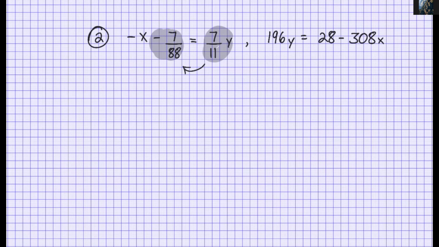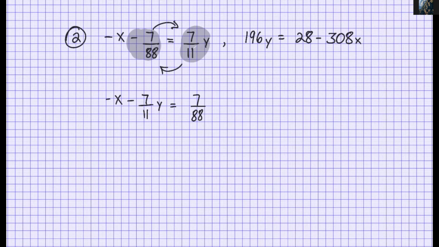And this one, I will move it to the other side. If you see, it is subtracting, so it will go to the other side, positive. So I have negative x minus 7/11y equals 7/88.